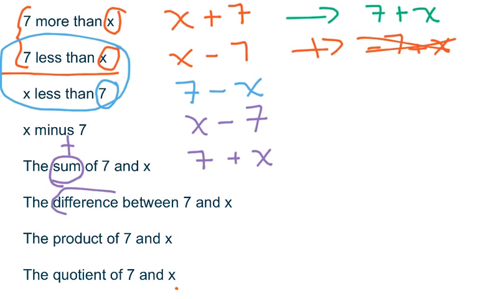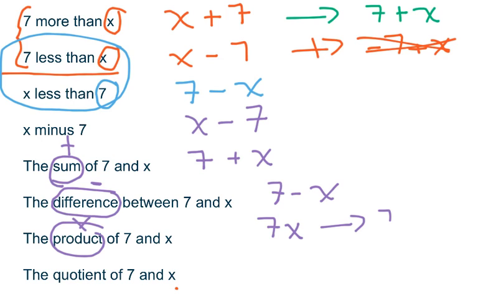The difference means minus, so that's going to be 7 minus x. Product means times, so that's going to be 7 times x, and I'm just going to write 7x, which really means 7 times x.